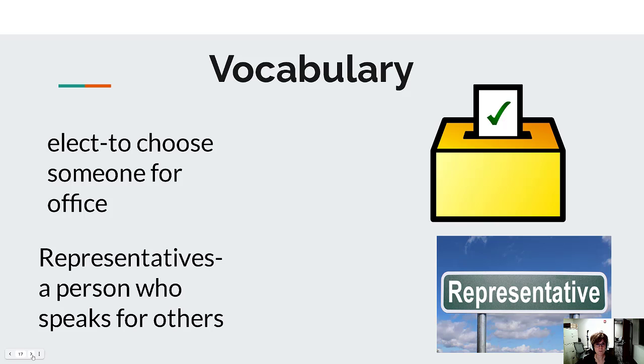Or in our government, we elect representatives who speak for the people, because not all people can go and speak for themselves in Washington, D.C., for example. So those are two words that are going to be important today as we're talking about our story and learning about student councils.